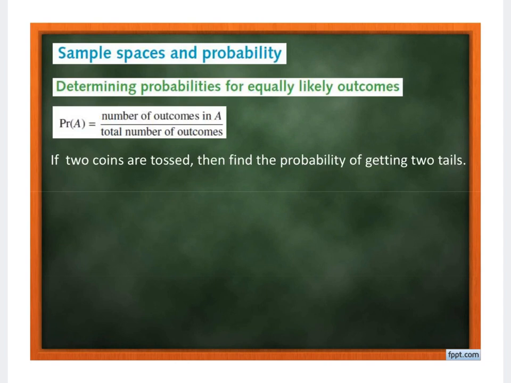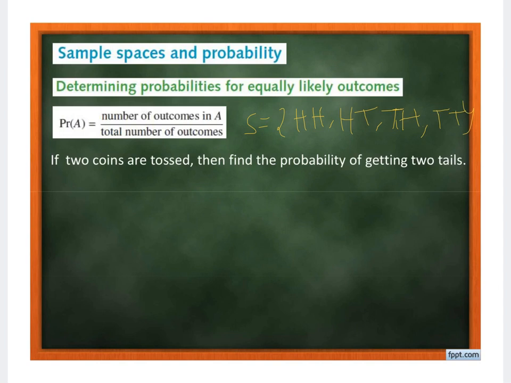If two coins are tossed, find the probability of getting 2 tails. The sample space of 2 coins is head-head, head-tail, tail-head, and tail-tail.